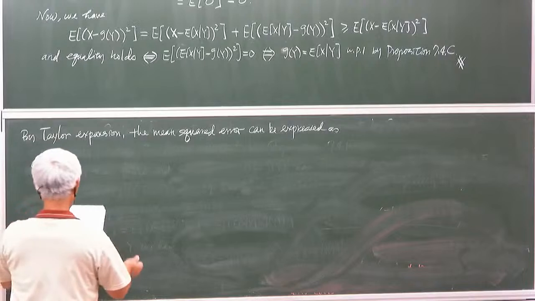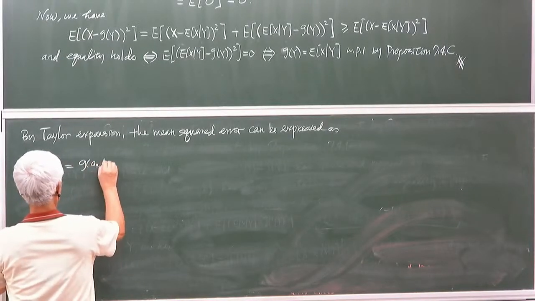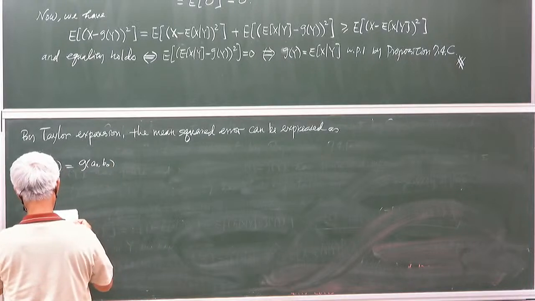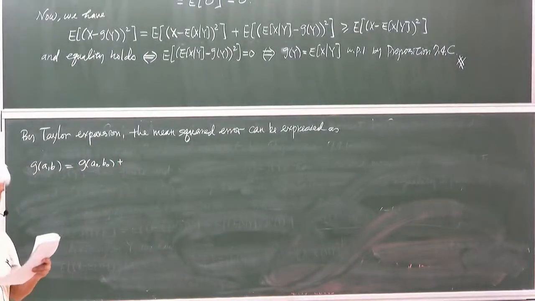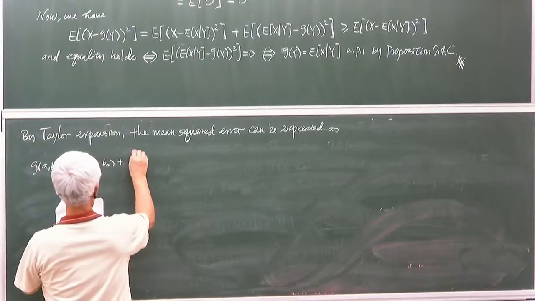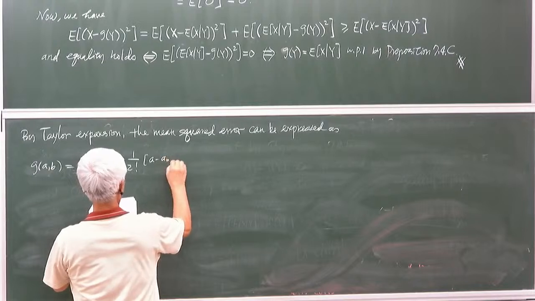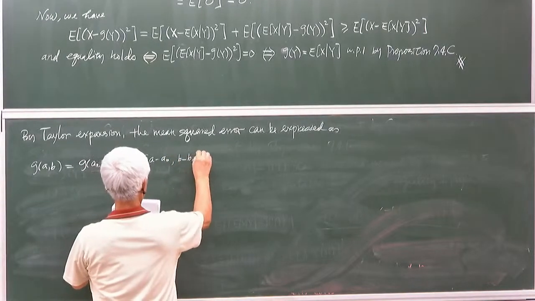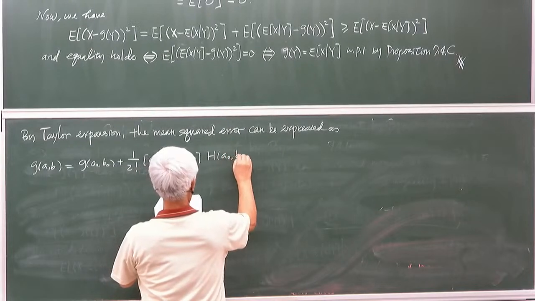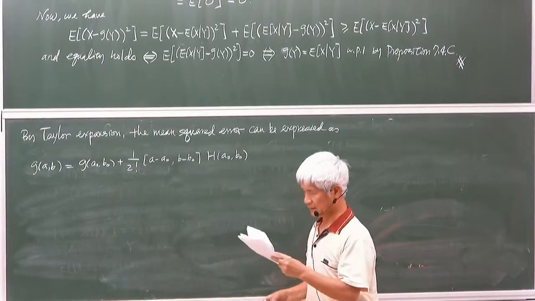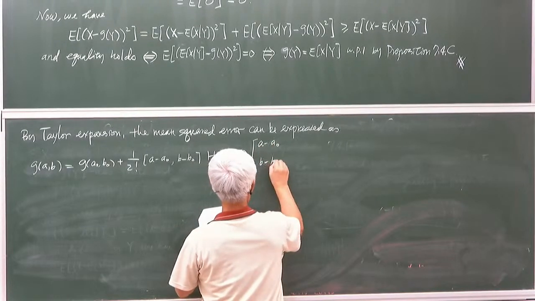So this is G of A0, B0, plus, because the gradient is 0, right? So this becomes 1 over 2 factorial, A minus A0, B minus B0, and the Hessian matrix at A0, B0, and here A minus A0, B minus B0.